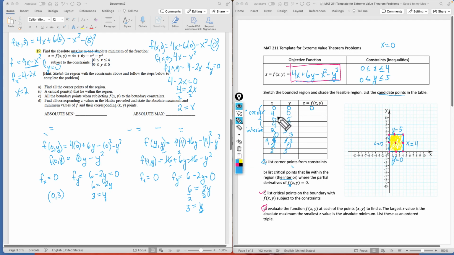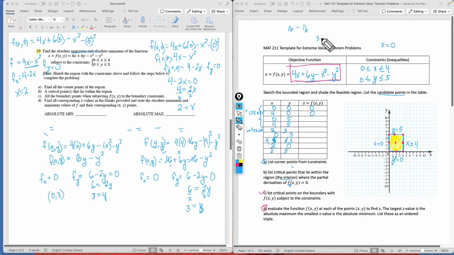Okay, so we're going to plug in 4. I'm going to just do that as scratch work. 4 times 4 is 16. We're plugging in 0 for y, so that's gone, and then we've got minus 4 squared. 4 squared is 16. Well, that's going to be 0. So this one gives us a z value of 0. Now (0, 5). So x is 0. Those go away. 4 times 0. So I've got 6 times 5.